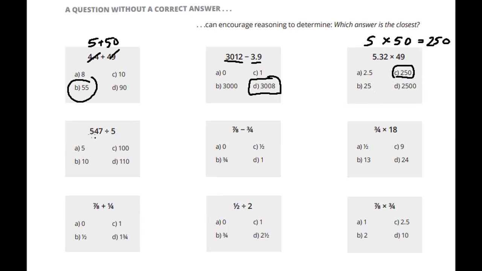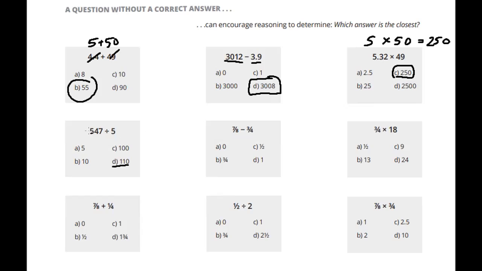All right. 547 divided by 5. There's 2 kind of good answers, but there's one better answer. What do you think? I think 100. 110. Why didn't you go with 100? Because, well, I just think it looks better.